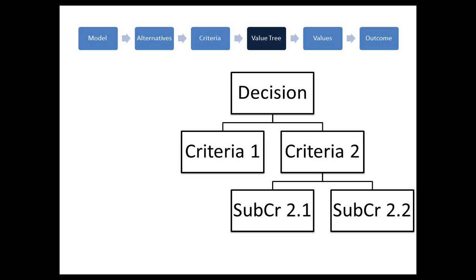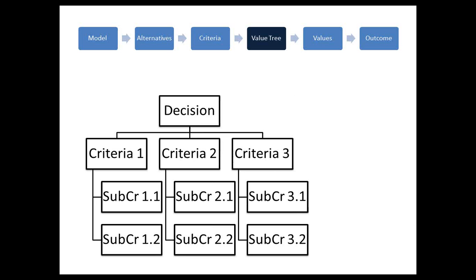In this case, your alternatives only need to be valued against criteria 1 and subcriteria 2.1 and 2.2. So in other words, your alternatives only need to be valued on the lowest level of your criteria. And this can go on, and you can make very complicated decision trees.